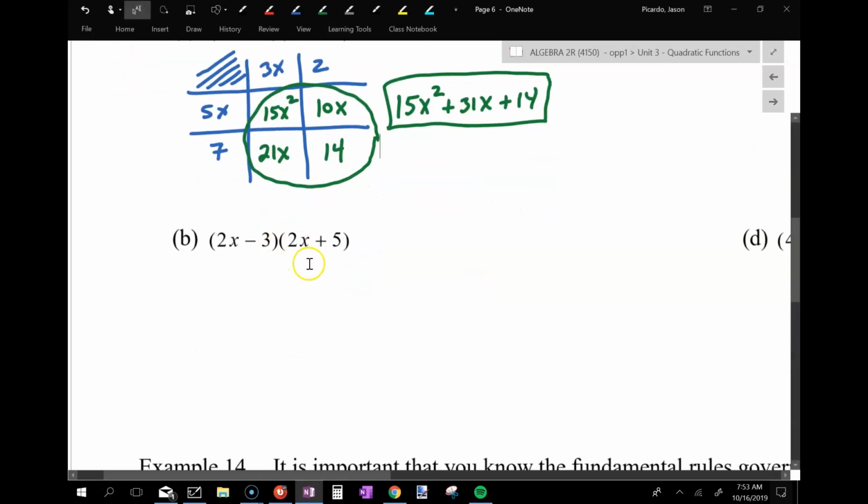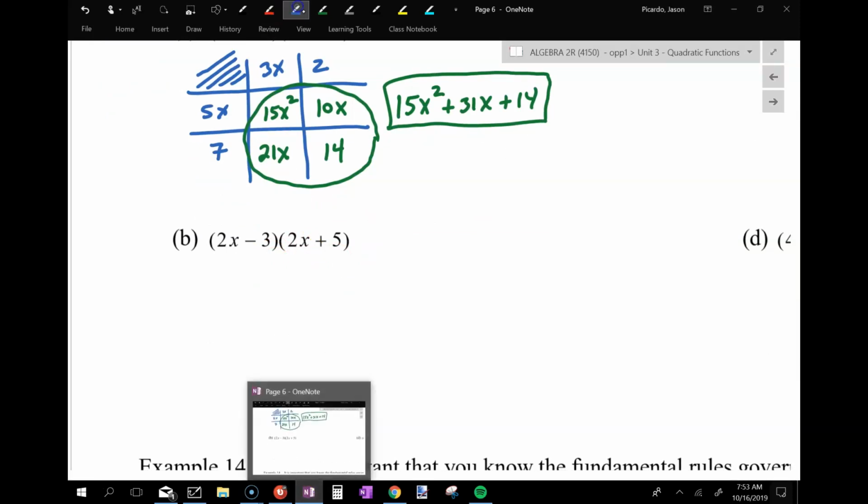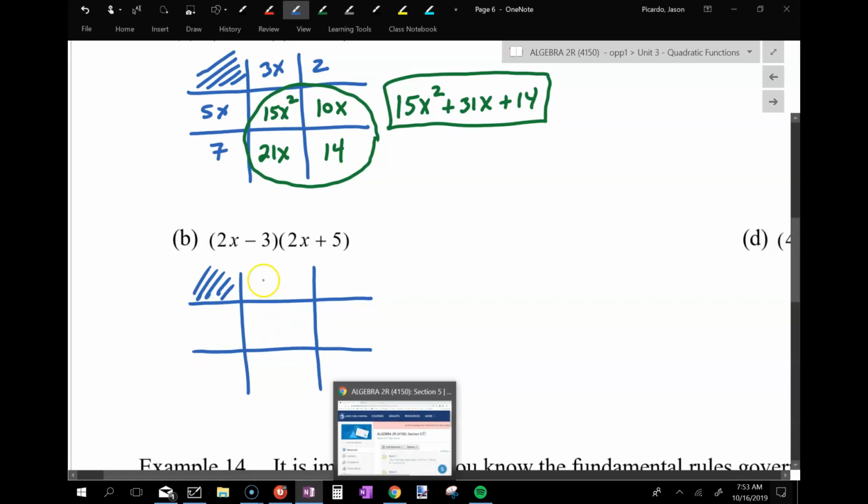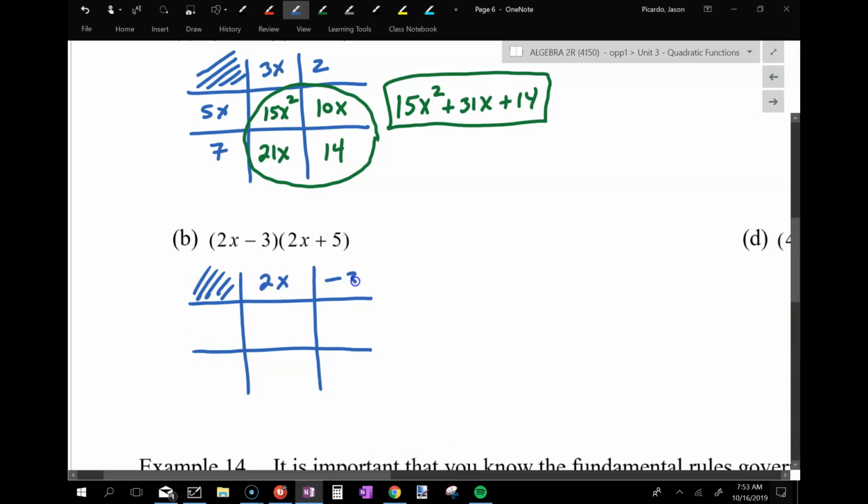All right, we'll do the one below. All right, so again, my method of tic-tac-toe, I have 2 terms and 2 terms. I have 2x minus 3, and I have 2x plus 5.